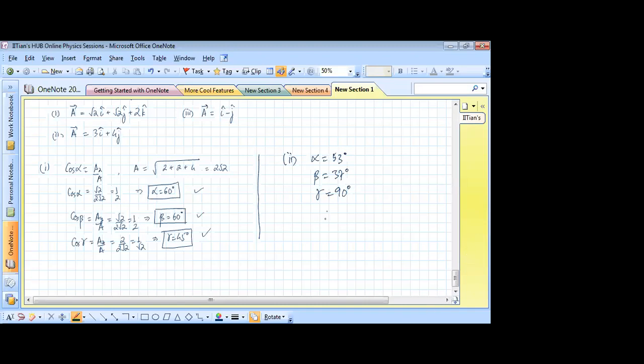If you interpret this, you'll understand that the vector A lies in the xy plane. That means it is perpendicular to z axis. That's why its gamma is 90 degrees and alpha equal to 53 degrees. So beta will have to be 90 minus 53. If it's lying in the two-dimensional plane, then this relation will have to hold true.